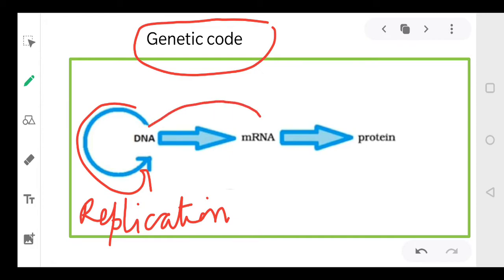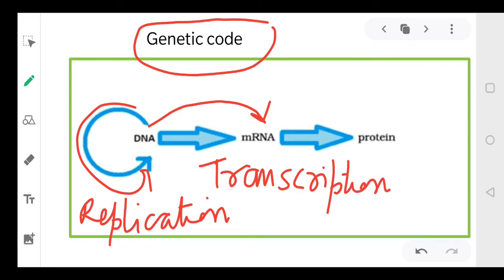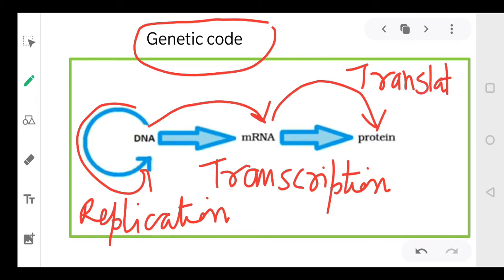Then from DNA, mRNA will be made. This process of making mRNA from DNA is called transcription. Right, everyone? And the third process, where mRNA will help in the production of proteins, is called translation.